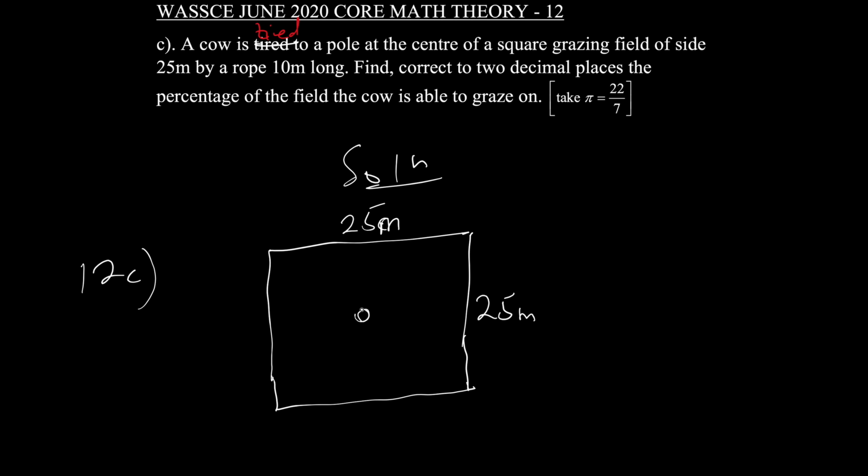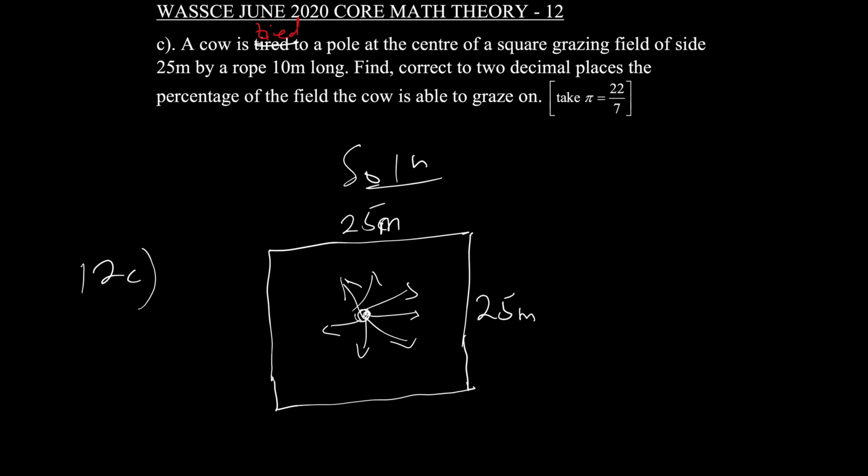So the pole will be here. Now the length of the rope, which is used to tie the cow, is 10 meters long, and the cow will be able to graze only 10 meters away from the pole. So 10 meters from here, 10 meters from here, 10 meters from here, 10 meters from here.